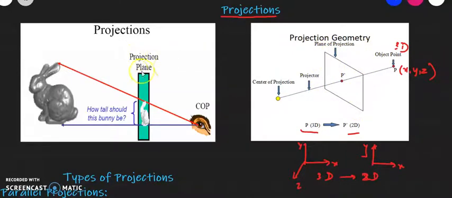We call it the projection plane, or I also call it the view plane. This is basically a 2D plane where my object is getting projected.